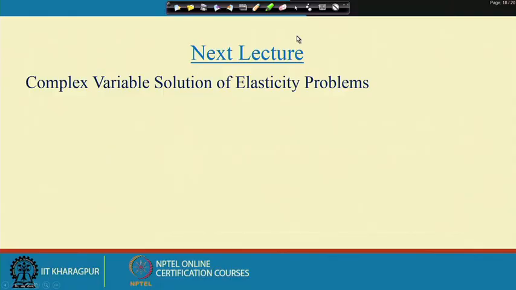So, next class we will start with this, and then we use all this formulation that we have derived today, and then we do some examples of boundary value problems, where we see how to assume the potential, that is, gamma z and psi z.